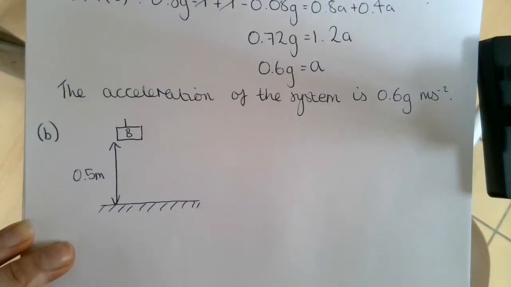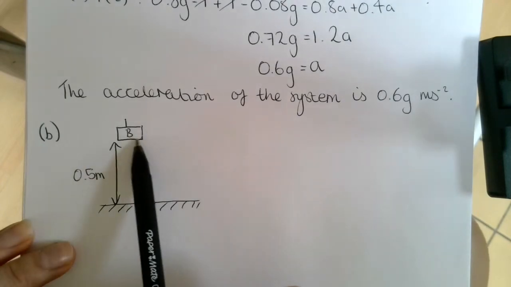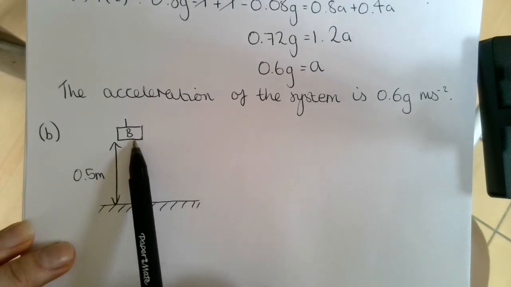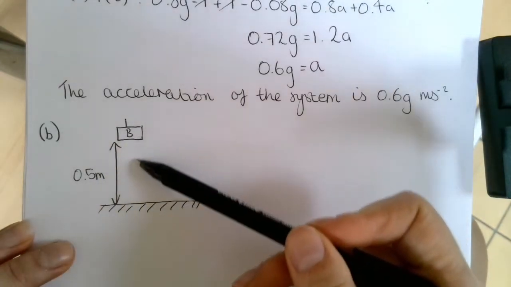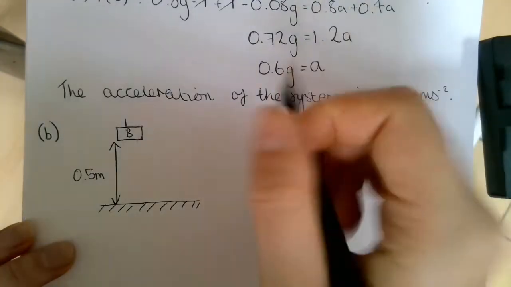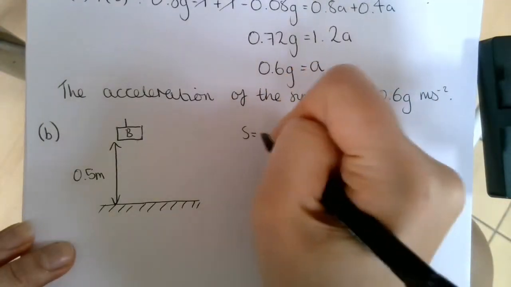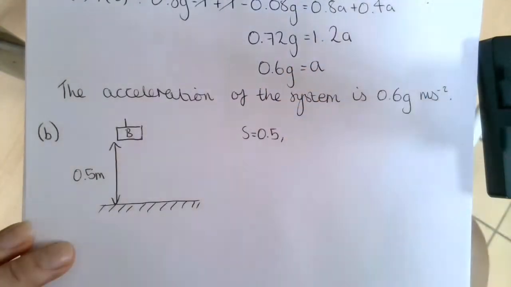For part B, we're asked to calculate the time taken for B to reach the ground. Now we are told that B is 0.5 metres above horizontal ground before it's released. So the distance that it needs to travel to get to the ground is 0.5 metres, so s is 0.5.